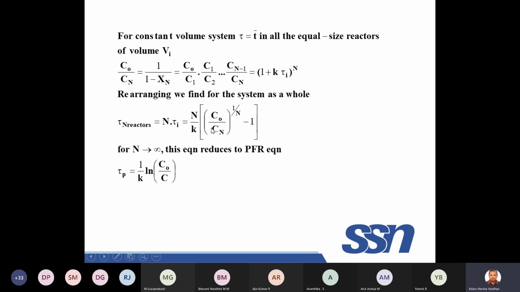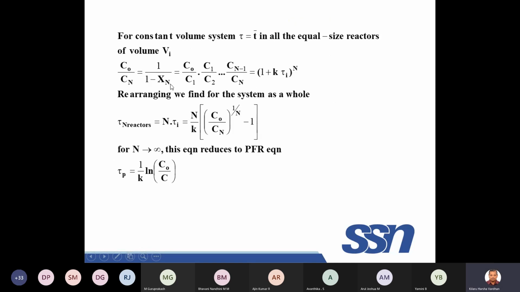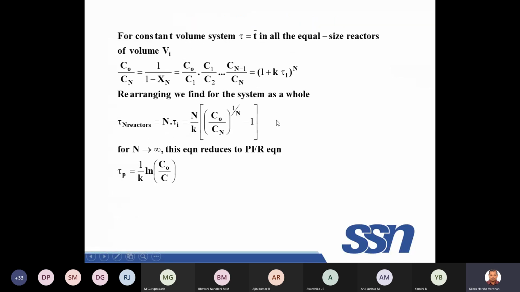Here don't confuse this N and this n. The capital N is for the number of reactors, whereas small n is for the order of the reaction. If you substitute N tends to infinity, that is, an infinite number of tanks, then this equation reduces to the plug flow reactor.